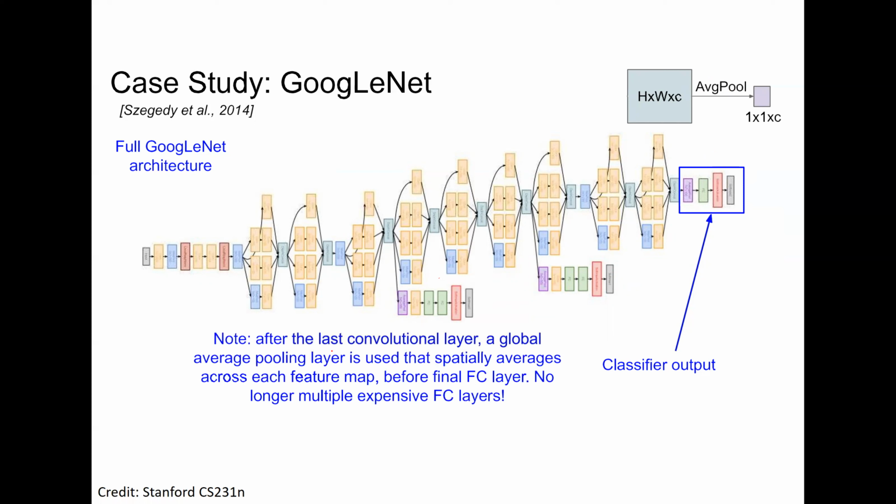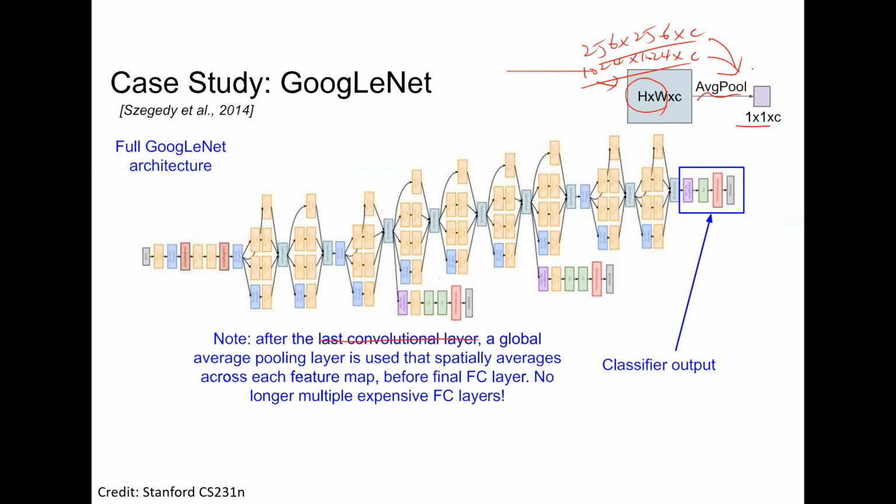And after the last convolution layer, this one employs something called global average pooling. Global average pooling reduces all these spatial dimensions into one by one. Therefore, even though this feature map varies in size, like 256 by 256 by C, or 1024 by 1024 by C, it doesn't matter.